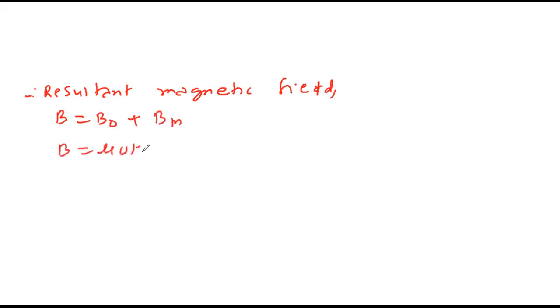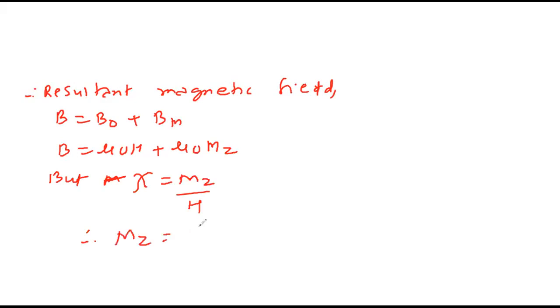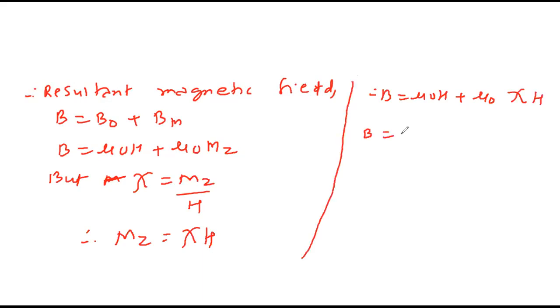So mu naught H plus mu naught Mz, but susceptibility equals to Mz upon H. Therefore, Mz is susceptibility into H. So B equals to mu naught H plus mu naught susceptibility into H. So B equals to mu naught H into 1 plus susceptibility.